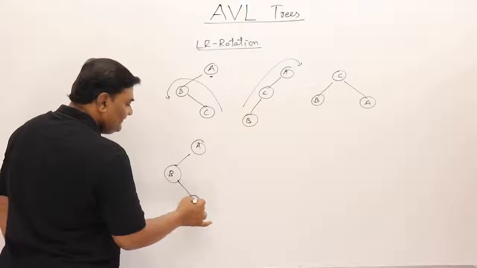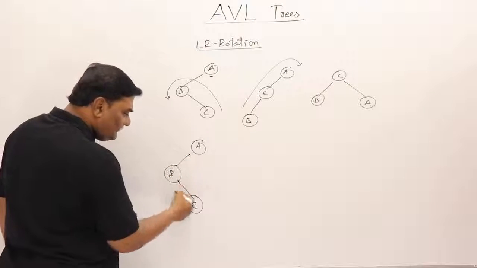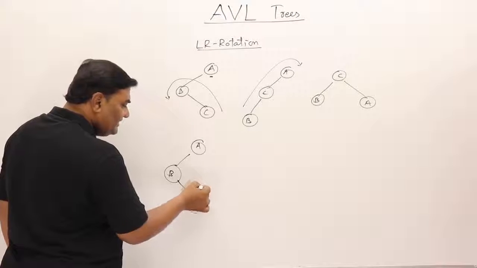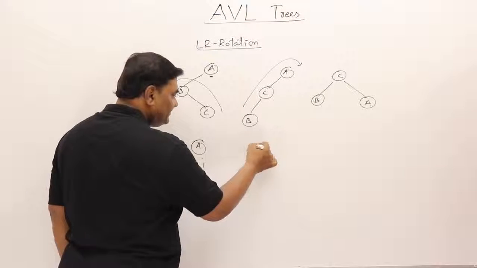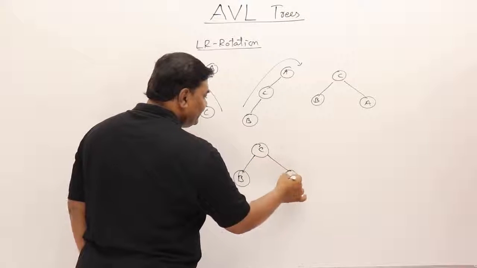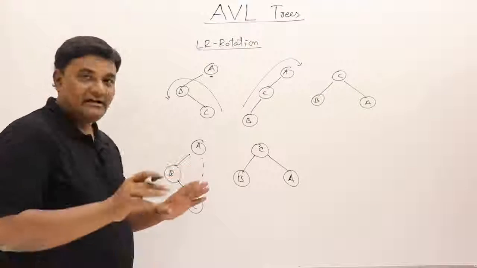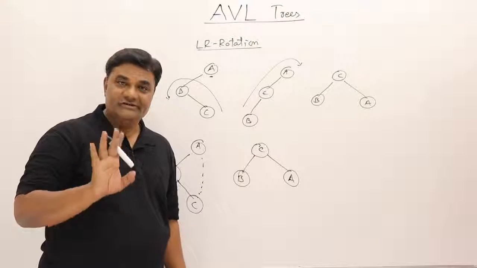Just see this. When you have to perform LR rotation out of 3 nodes, the last node, you just bring it into root. C, left side is B only, then A, you take it on the right side. That's all. Rotation is always within 3 nodes only.